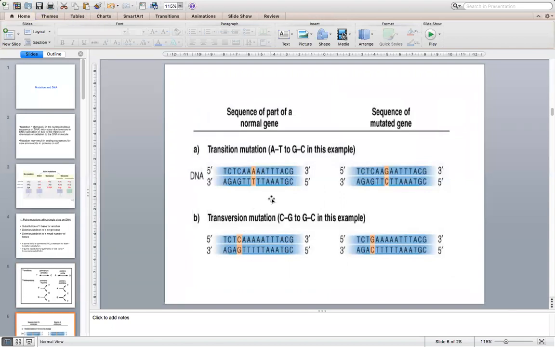Alternatively, the change is to be here. The transition mutation is exactly AT to GC, so within the same group, purine to purine or pyrimidine to pyrimidine. However, here let's see the transversion, by which the change is from pyrimidine to purine.